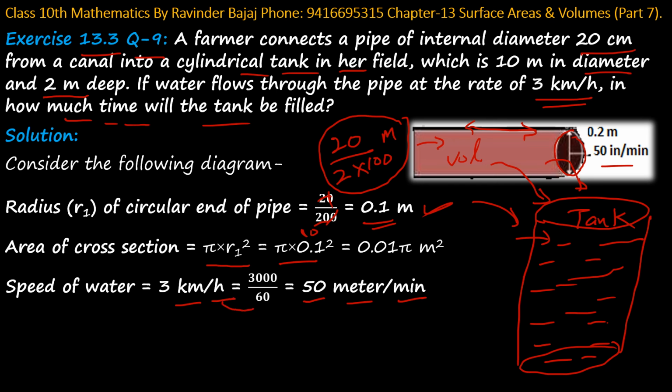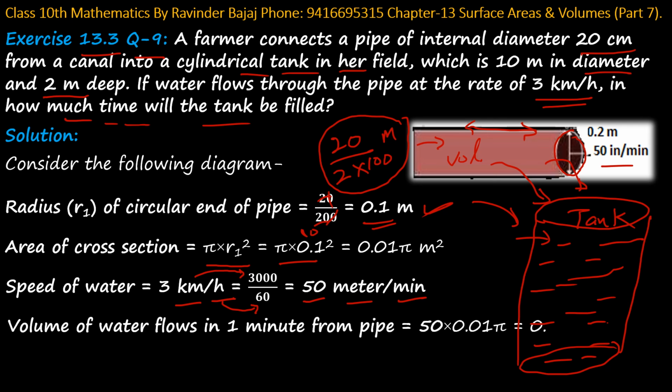In 1 hour there are 60 minutes, in 1 kilometer there are 1000 meter. 3 kilometer means 3000 meter. Volume of water that flows in 1 minute from the pipe is equal to 50 into cross section. This is the cross section we have calculated. In 1 minute, 50 multiplied by cross section, which is equal to 0.05 pi.